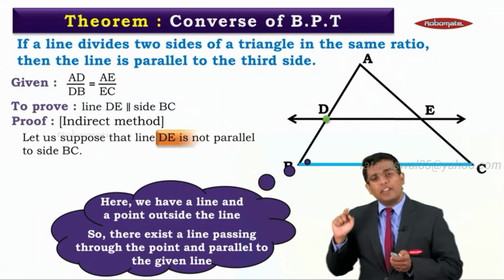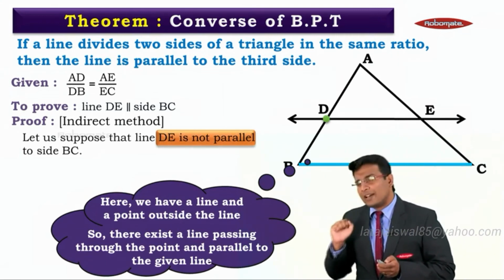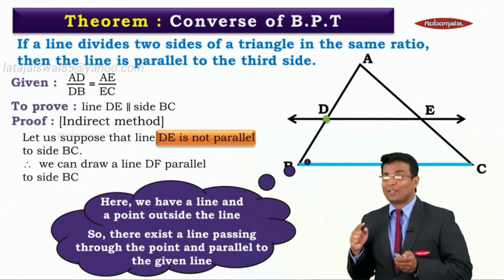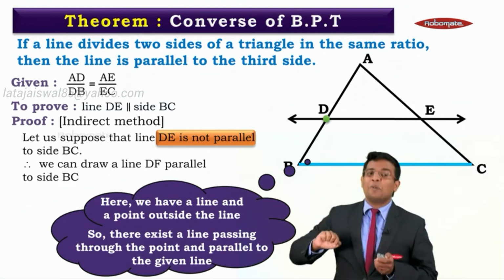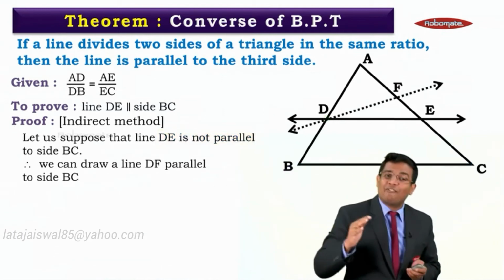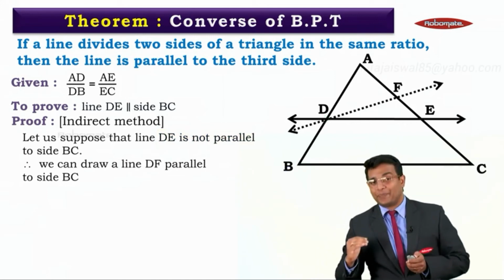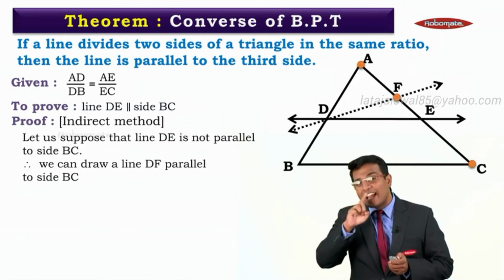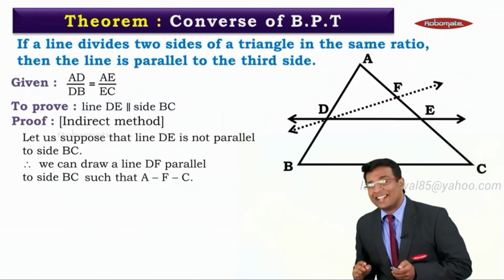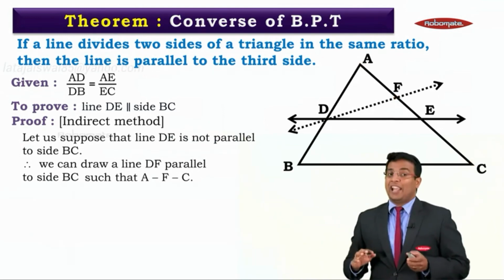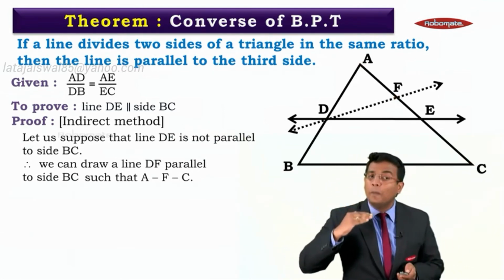That means if DE is not parallel to BC, then we need to have another line passing through D which is parallel to BC, and we draw DF parallel to BC such that F is on AC. That means F is between A and C. So on the basis of that assumption, we had to draw something, and that is what we have drawn. DF is parallel to BC.